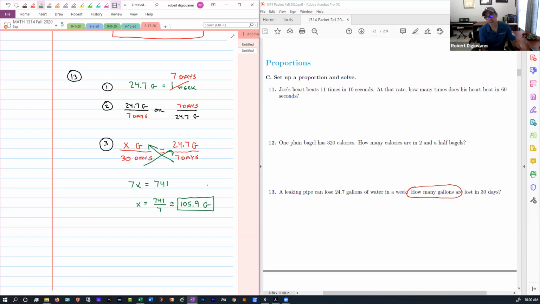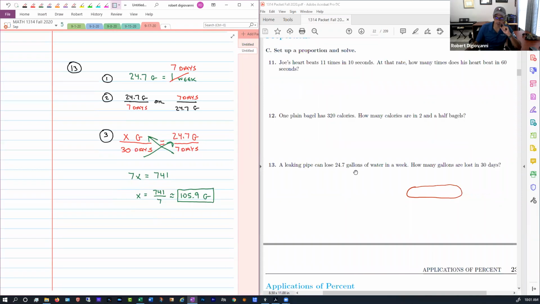So we had to have all our floors ripped out. I can tell you right now, it was leaking more than 24.7 gallons in a week. It was more like 2,000 gallons in like 4 hours. So it's amazing how much water can come out of a little tiny pipe in such a little amount of time. All right, well, let's move on.